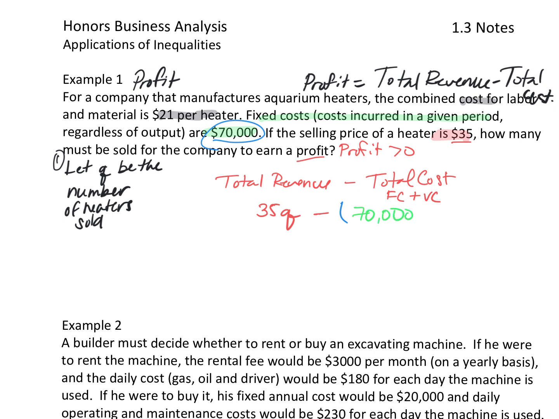But to make a heater, the labor and material is $21 per heater. So that's going to be my variable cost, which is $21 times Q. And that's profit. Profit has to be greater than 0, so my inequality over here has to be greater than 0.